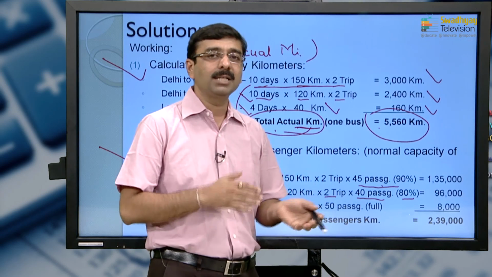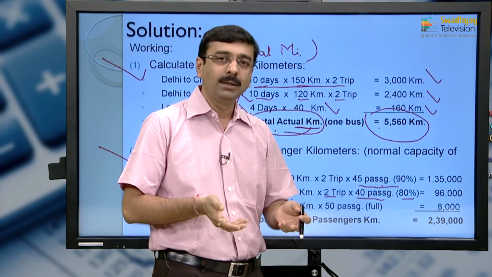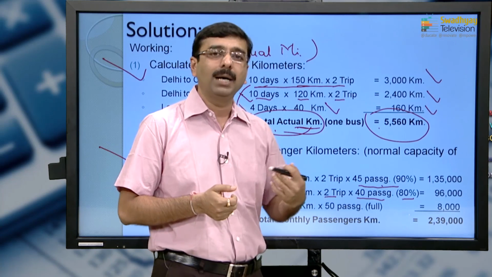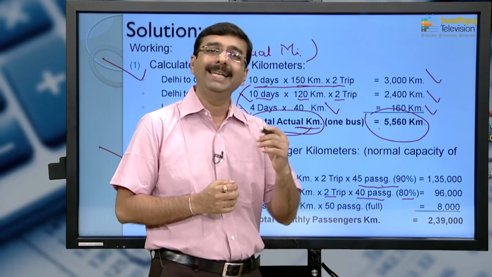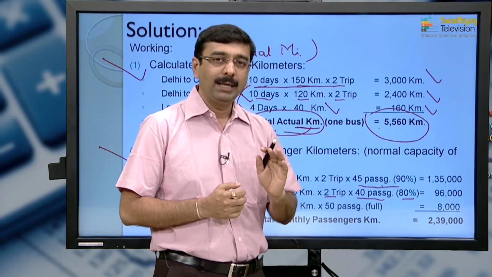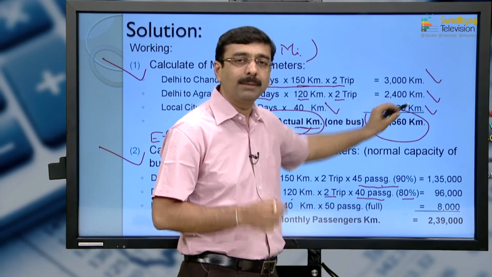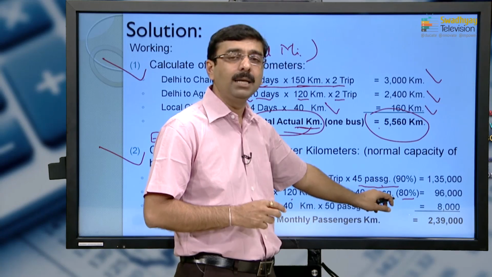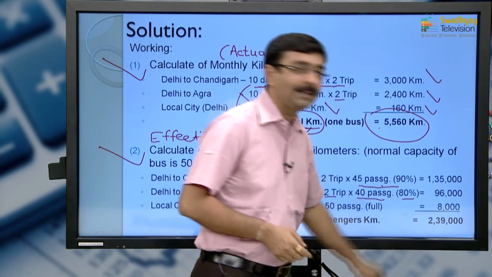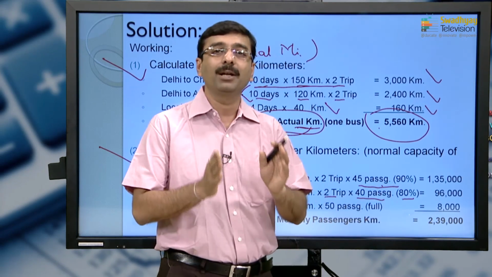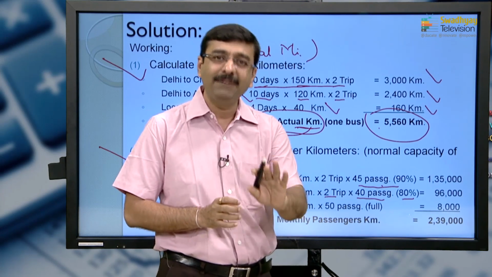So 50 passengers multiplied by 80% comes to 40 passengers. So it assumes that when it runs between Delhi and Agra, the intake is only 40 passengers on average on each day, each trip. This is multiplied: 2,400 kilometers multiplied by 40 passengers, and the multiplication comes to 96,000. This is your passenger kilometer. 96,000 passenger kilometers is called the effective mileage.